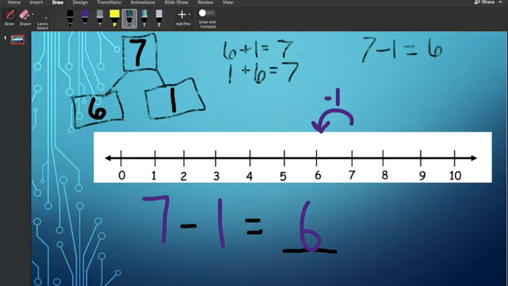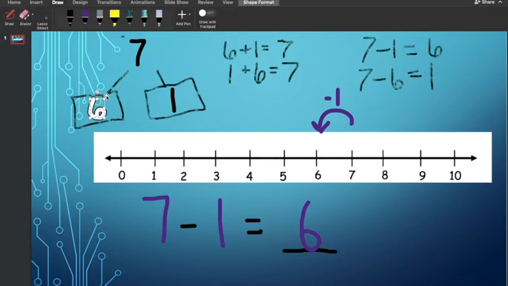What if I had 7 minus 6? It would give me 1. You see those numbers in my number bond? 7 take away 6. The only part that's missing in the number bond now, 7, 6, is 1. These are called fact families because they have the same 3 numbers. All right, let's go ahead and take that off.